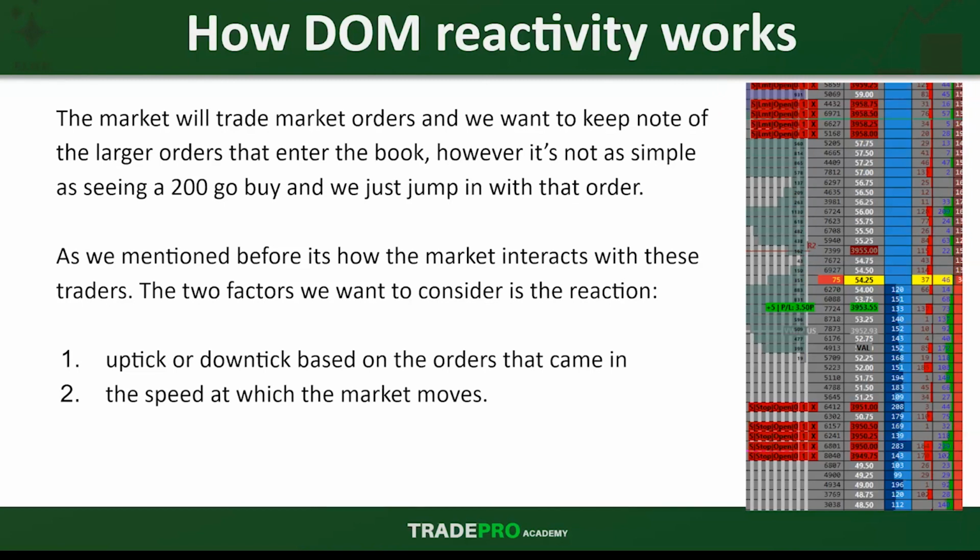So to get out of a confusing mindset and a confusing view of the DOM, you want to implement the volume profile for your levels, meaning watching the volume profile areas as the DOM reacts and interacts at those areas, right? So only watch DOM reactivity when you get to those areas as a newer trader.